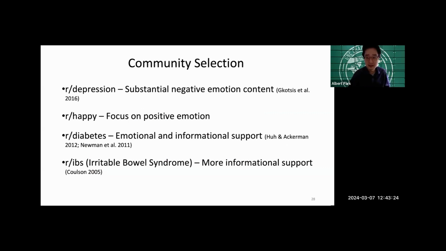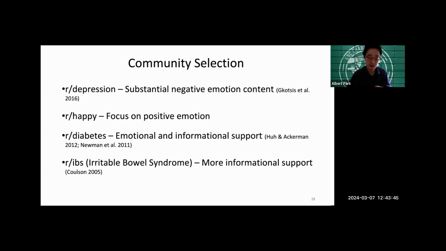Based on literature, I selected 3 communities to compare to the depression community to cover various types of social support in online health communities. There are mainly 2 social supports that are studied, which are informational support and emotional support.